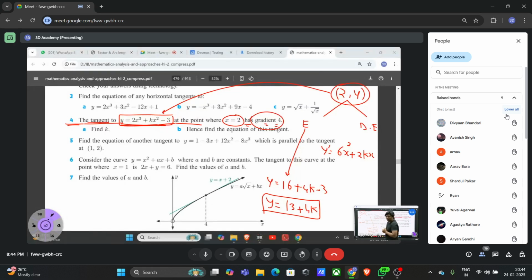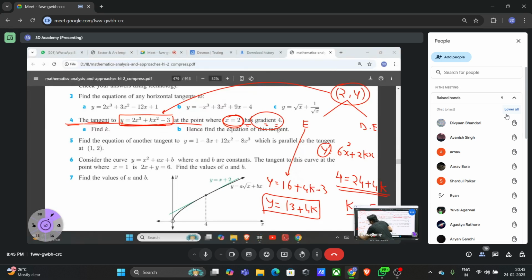So the y dash value, that is the gradient, is 4, at x equals 2 again. So 2 squared is 4, 4 sixes are 24. 24 plus 4k. From here you will get the value of k. So k is minus 5.